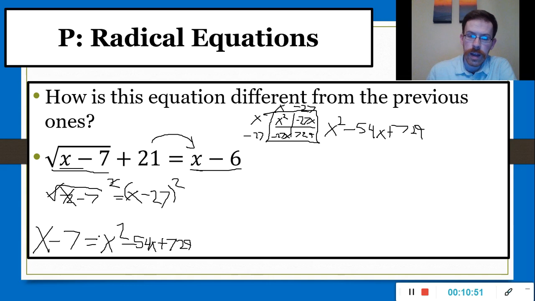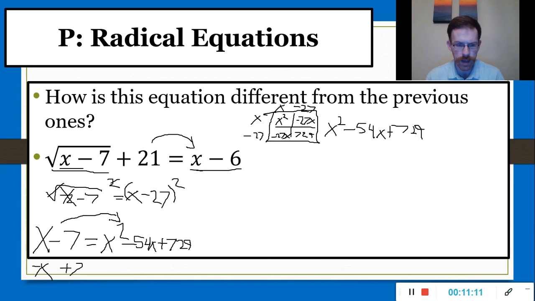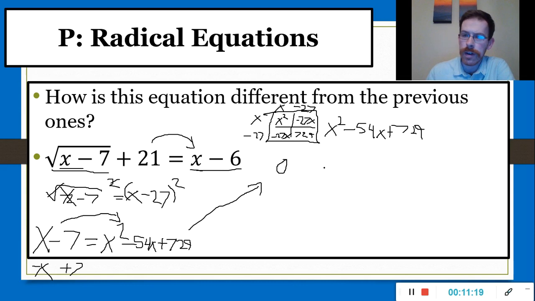Now, at this point, it goes back to how to solve a normal quadratic equation. I want everything on one side and 0 on the other, so I can either factor or do the quadratic formula. So I've got to minus this x and plus this 7, so they both would go to this side. When doing this, my left side is obviously going to be 0, because everything there is gone.